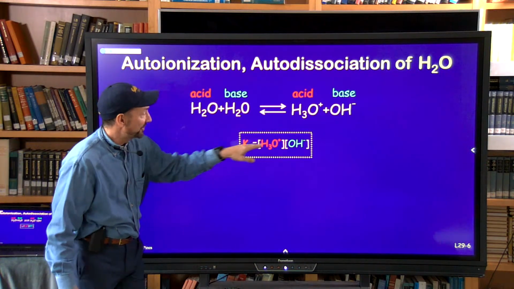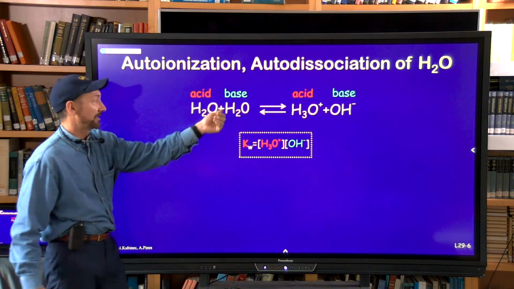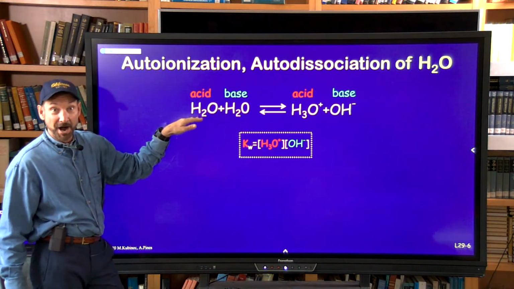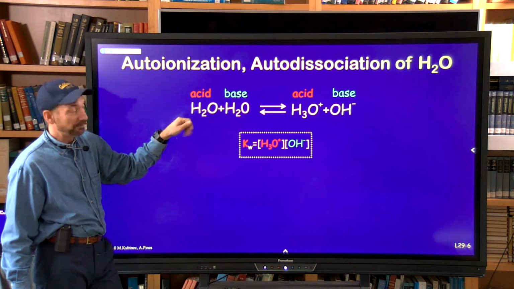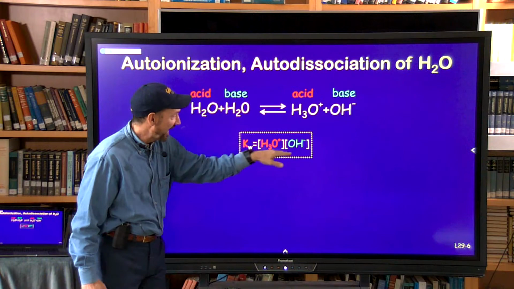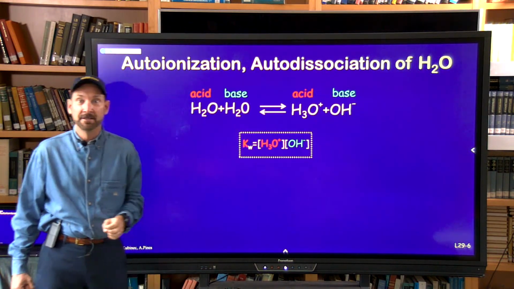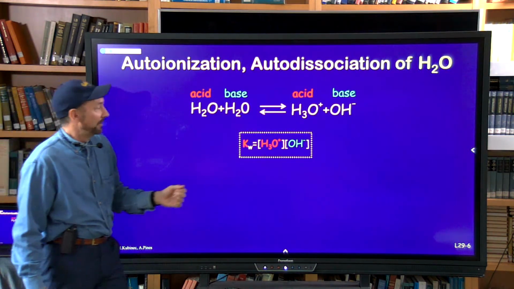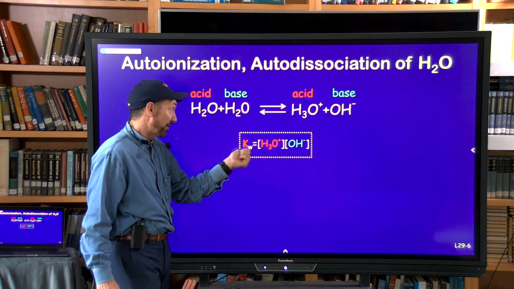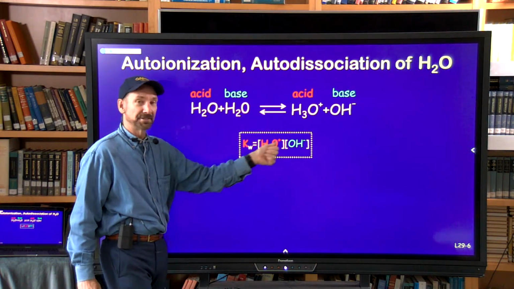And you would write that equilibrium expression as products over reactants, but the reactants again are the pure liquid water, so they don't appear in the equilibrium expression. And that K is H₃O plus times OH minus concentrations. So we give that another special symbol, Kw, the auto-ionization constant for water.